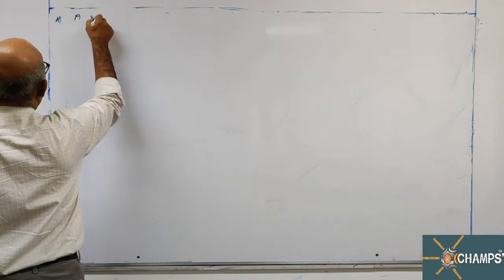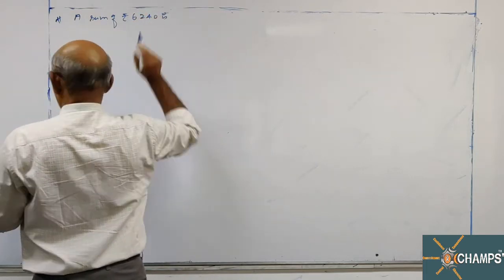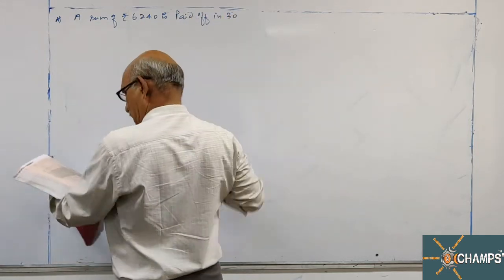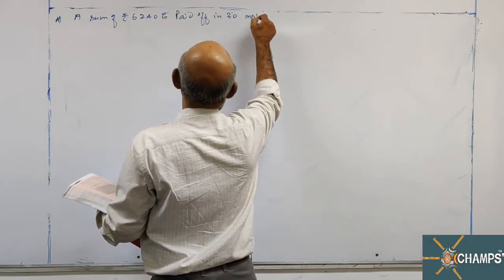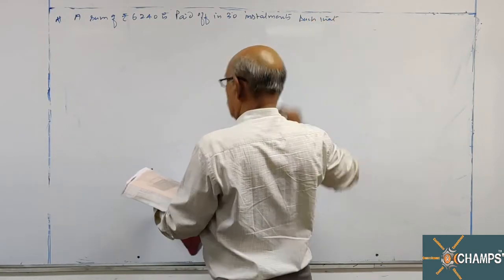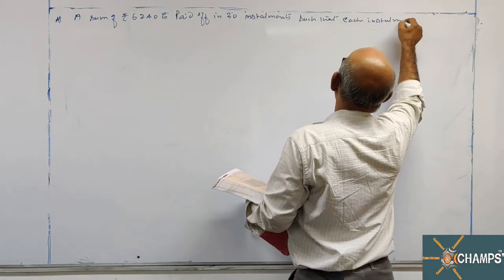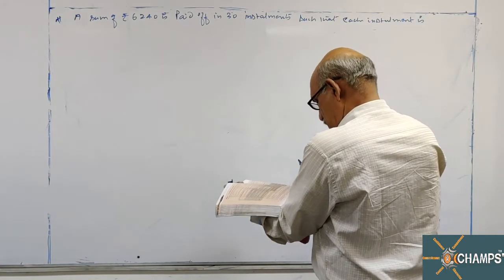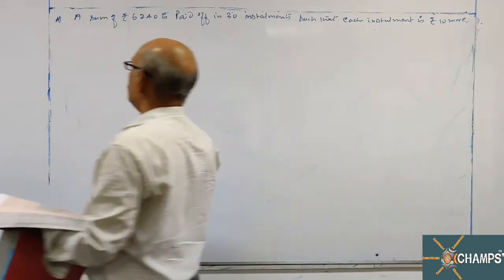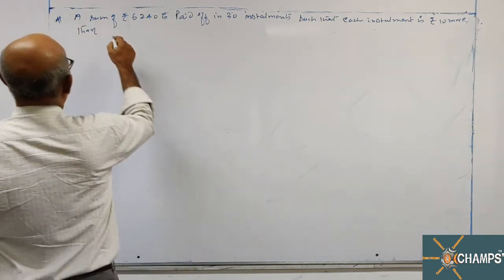A sum of rupees 6240 is paid off in 30 installments such that each installment is rupees 10 more than the preceding installment.